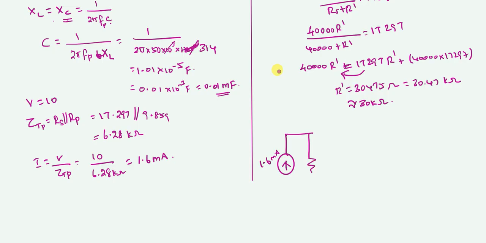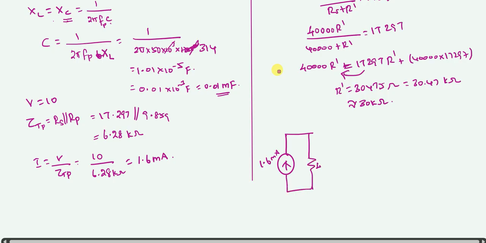In the problem itself it is given that the internal resistance of the current source is 40 kilo ohm. In order to maintain the quality factor 20, I add one more resistance in parallel with 40 kilo ohm, which is called R dash, whose value is approximately equal to 30 kilo ohm. And this is the corresponding inductor and capacitor.